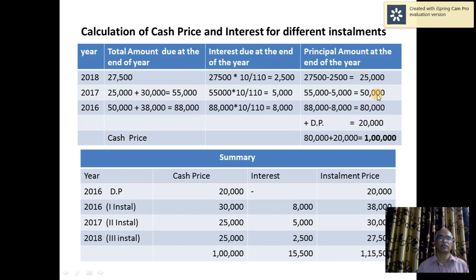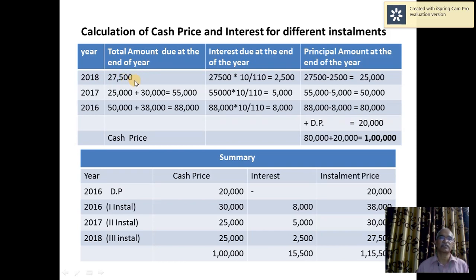What you have to do here is, first take the last year's transaction. Our agreement was entered into in 2016, so 2016, 17 and 18. So you take the details of 2018. Total amount due at the end of the year is 27,500.